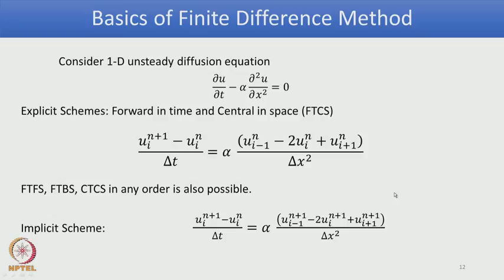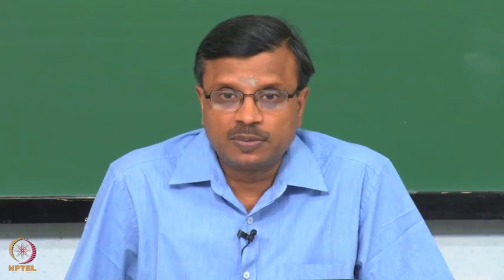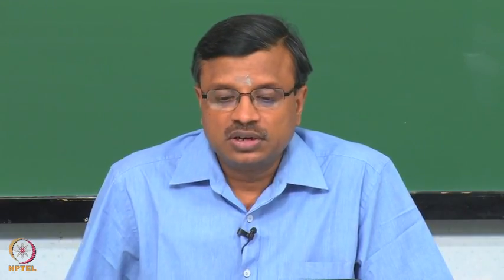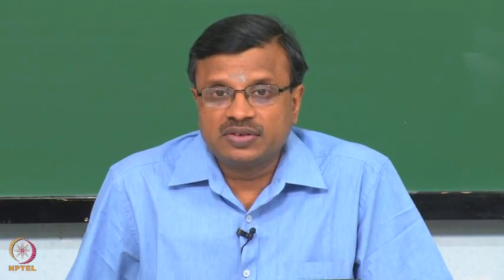We do not go into the advantages of explicit and implicit schemes now. We will reserve that explanation for the subsequent class, just to get an idea of writing different finite difference approximations. So, in this class I have started telling something about 3 different basic discretization procedures.